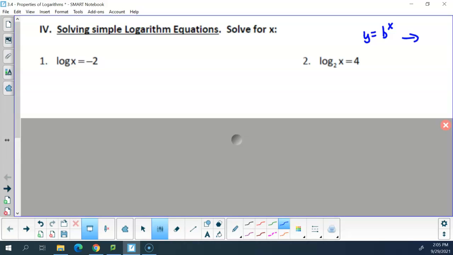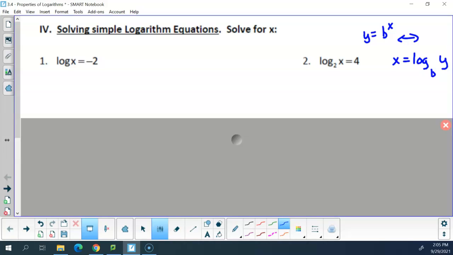So that would be x equals log base b of y. Okay? That's what that is saying.